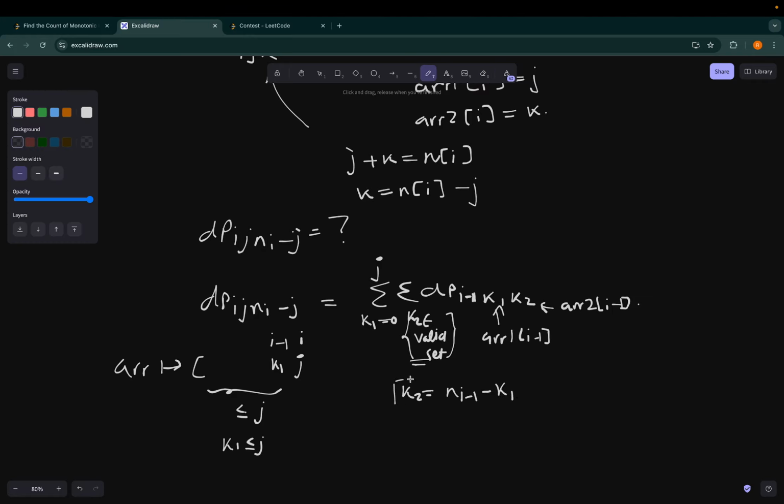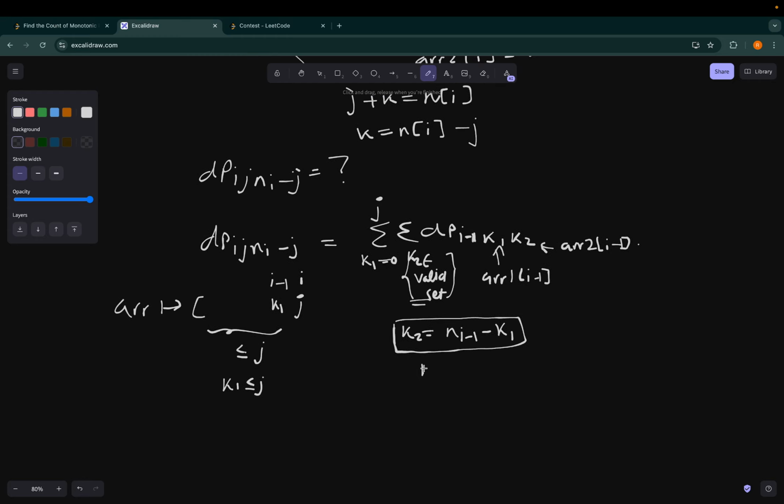This is your k2, which is fixed always. And the only condition that you need to apply is that this number should be greater than or equal to n of i minus j. This is the condition that you need to apply.